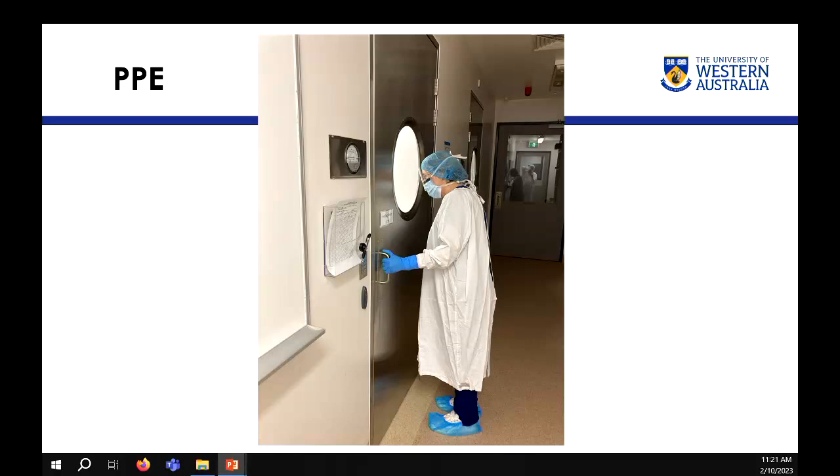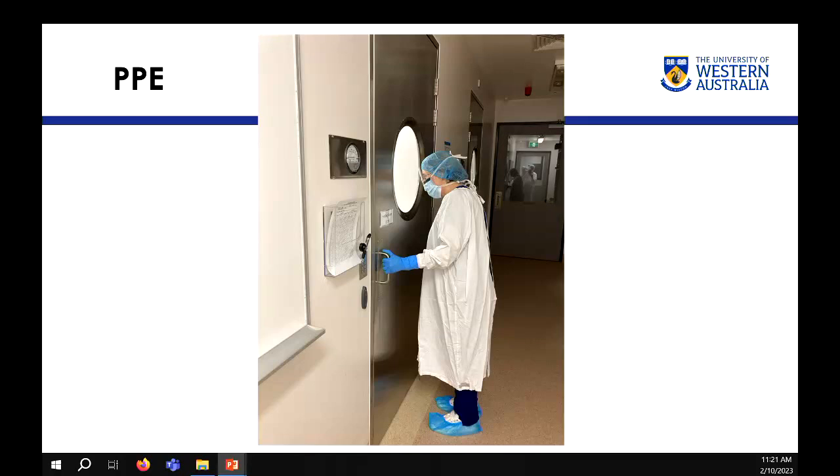Also, when you work in PC3, and this is the Biomedical Research Facility in Shenton Park, UWA's PC3 suite, there are two rooms. This one here is like a microbiology room where we do all the microbiology and processing. Here is the animal room. I've just taken this picture of the PPE that we have to wear. We have to have these masks with visors so that we don't get anything sprayed on our faces.